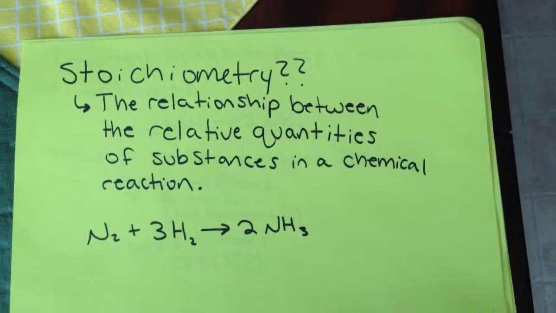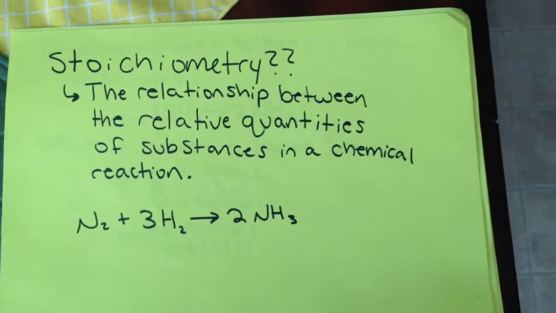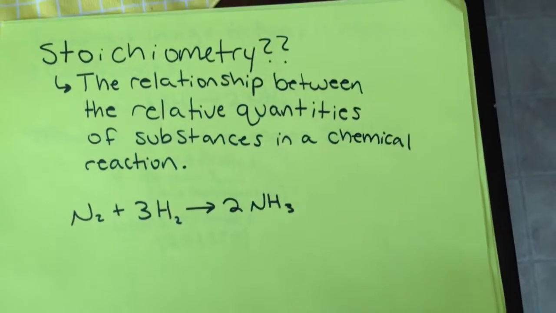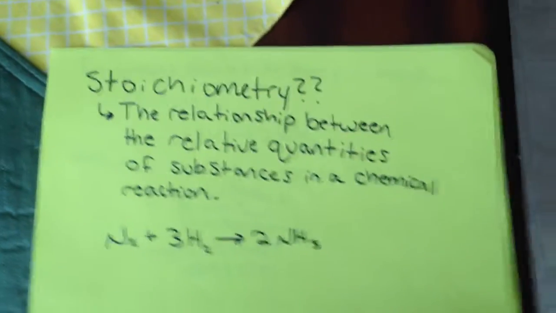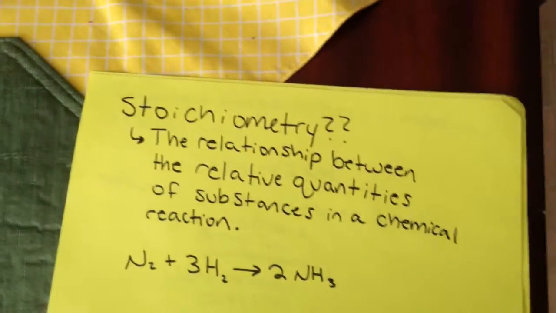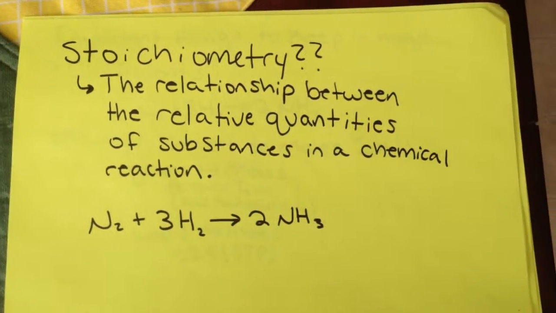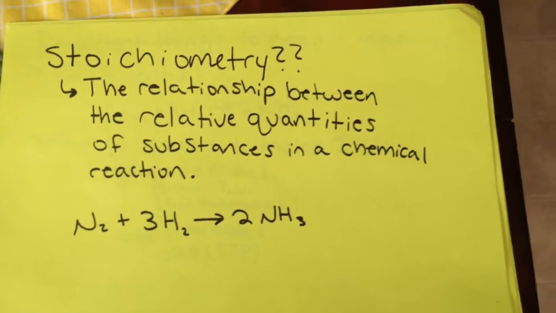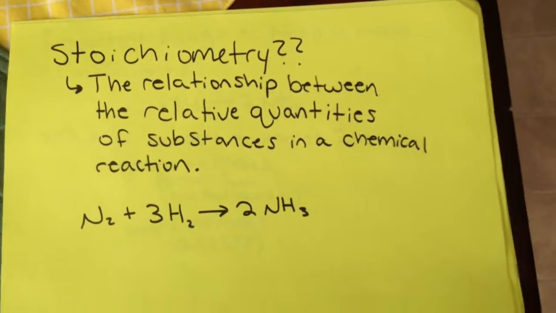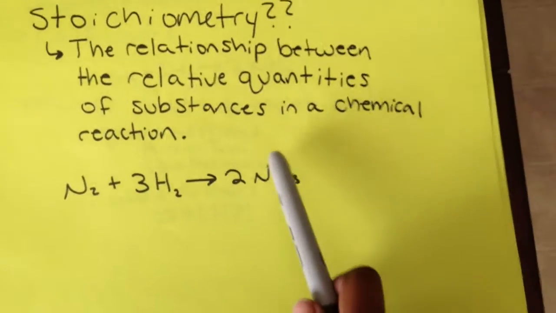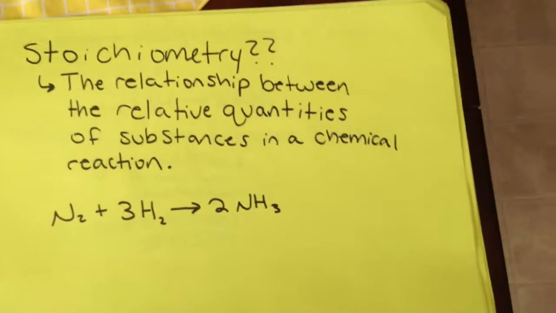What is stoichiometry? So Google says the relationship between the relative quantities of substances in a chemical reaction. Just reading that, I had to break that down in my head. I think that's kind of complicated. So, relative quantities: these are the 2 and the 3, the coefficients.